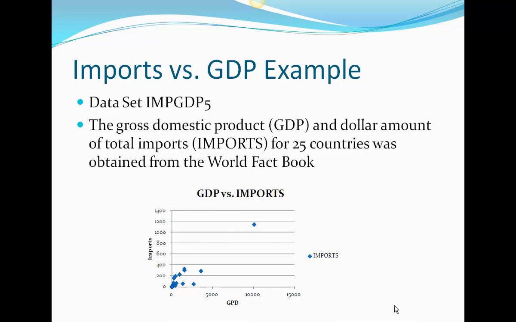I've run that scatter plot with GDP as my independent variable and imports as my dependent variable, and I see most of my data seems to be clumped around the origin. So I'm going to say this is clumpy around both x and y, and I'm going to predict that I need to transform both my independent and dependent variables.